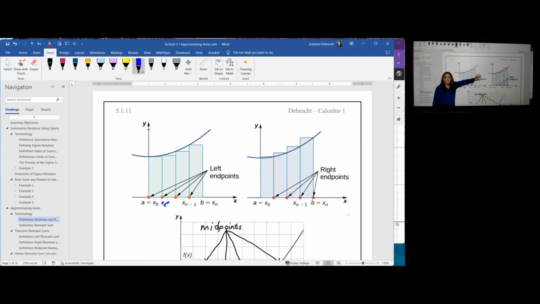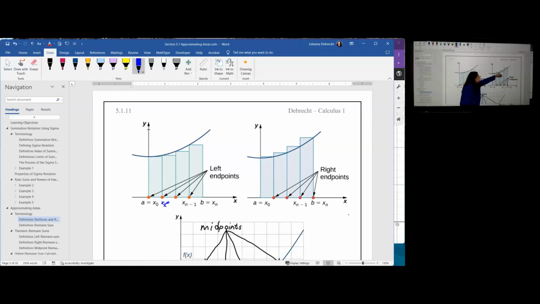This is using the left endpoints and becomes called a left Riemann sum, again named for Bernhard Riemann, who created these. In the picture on the right, you can see that instead of using the height of the function at the left endpoint, this one is instead using the height of the function at the right endpoint of each small partition.